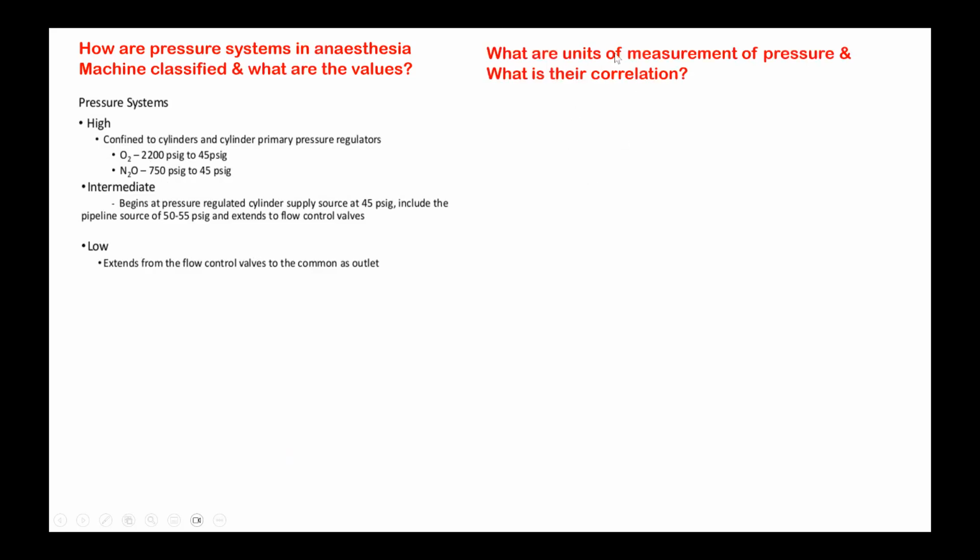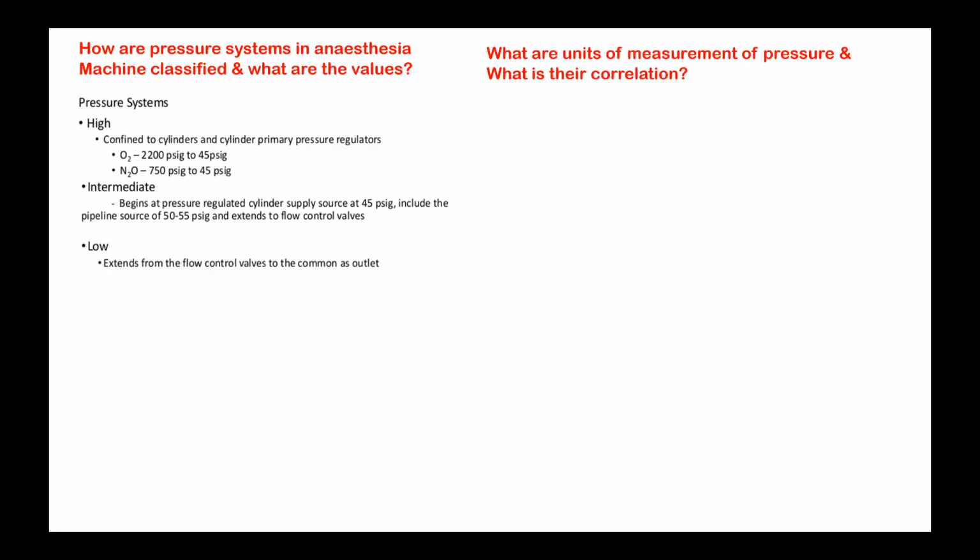Now, this is one important question that all of you should be able to understand and answer. What are the units of measurement of pressure and what is their correlation? Because in machines and vaporizers and other things, pressure in physics is measured in various units. Normally, when we talk about blood pressure, we say millimeters of mercury.